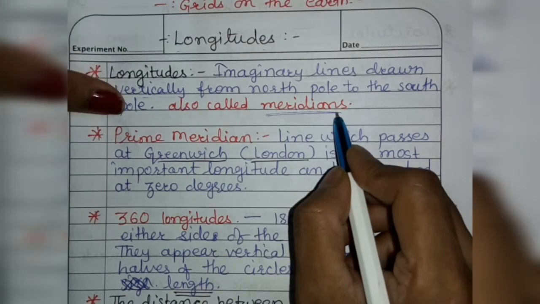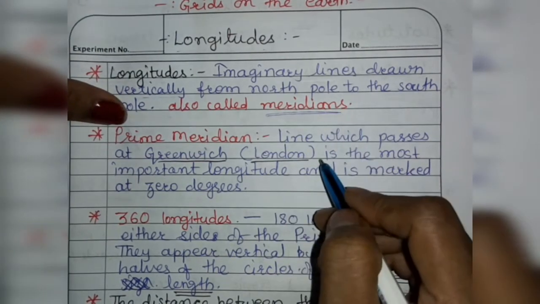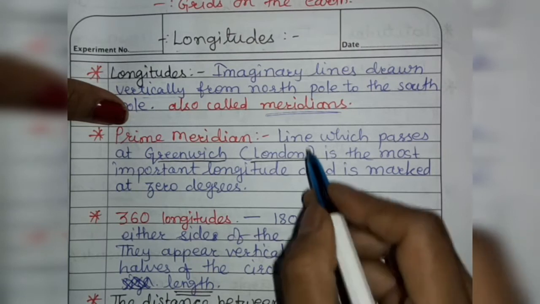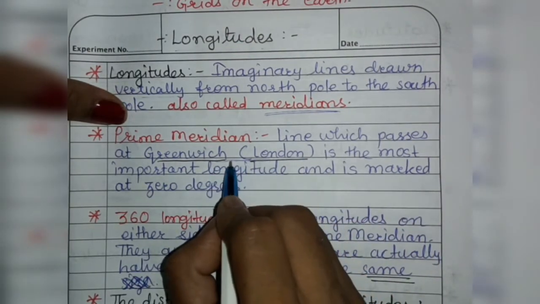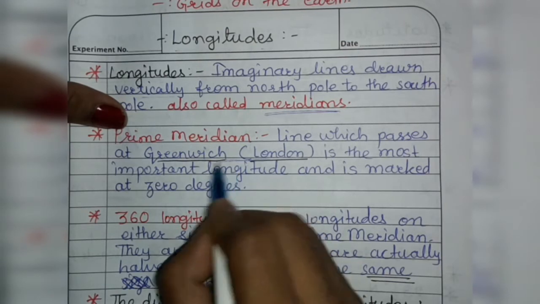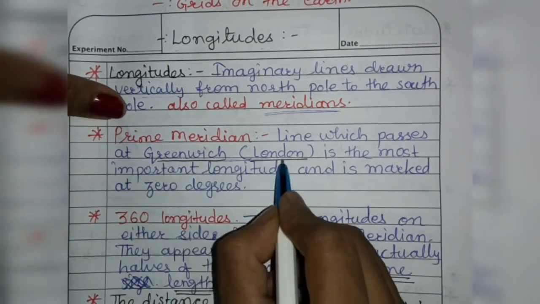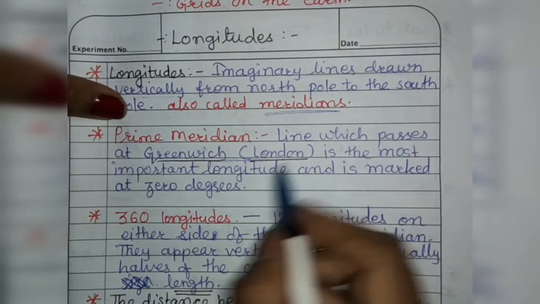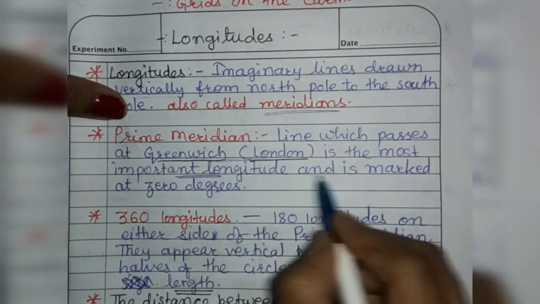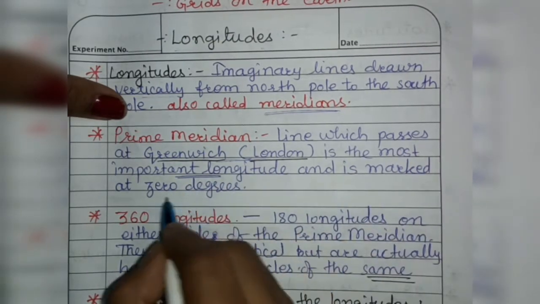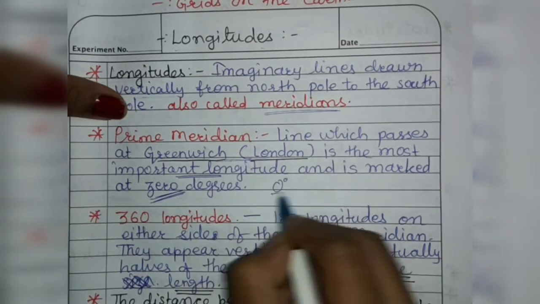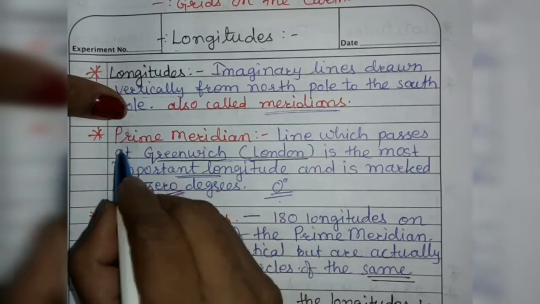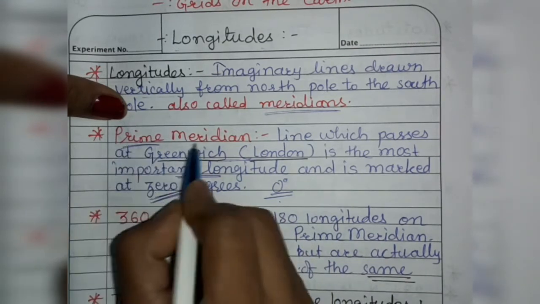The line which passes at Greenwich near London is the most important longitude and is marked as 0 degrees. This line is known as the prime meridian.